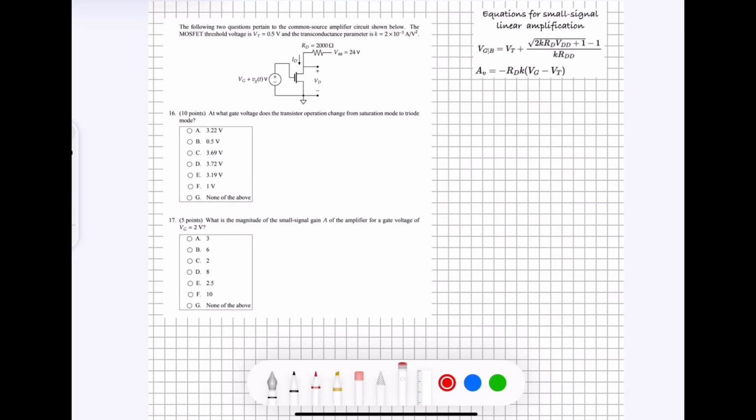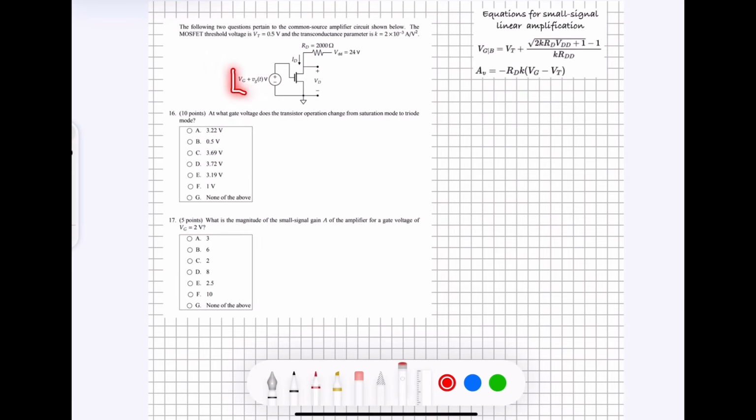problem is dealing with a circuit with small signal linear amplification, which is a different kind of circuit than a normal MOSFET circuit. One of the big giveaways is, first of all, the word amplifier in the problem statement, telling us that we're dealing with amplification.